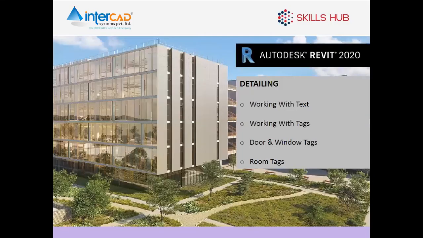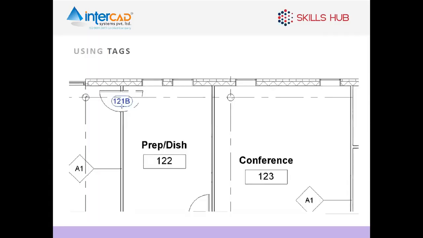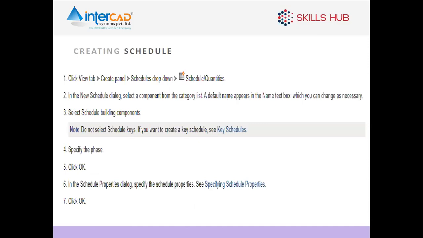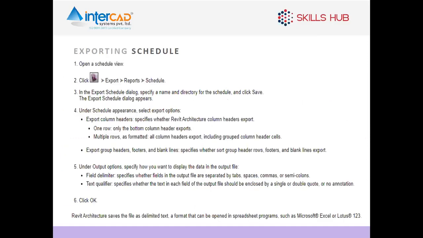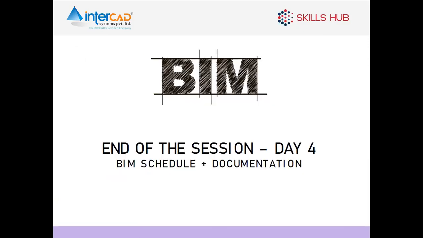Then how to add the dimensions, how to work with the text, then how to add the tags: door tags, window tags and room tags. We will share this automatically. You will get where you have to click and then how to get a report also. Actually, this is the end of the section, but I have some more things to share with you.